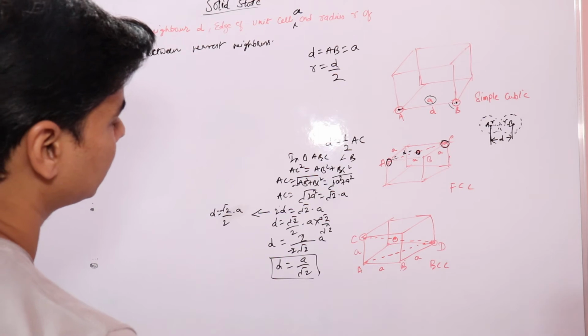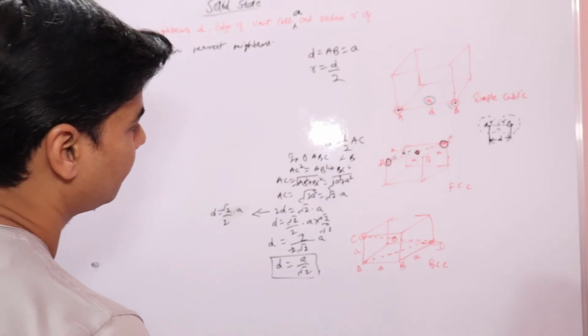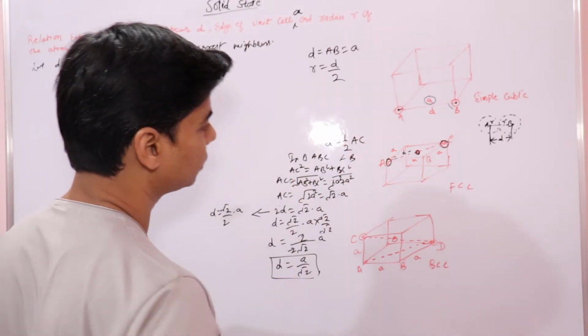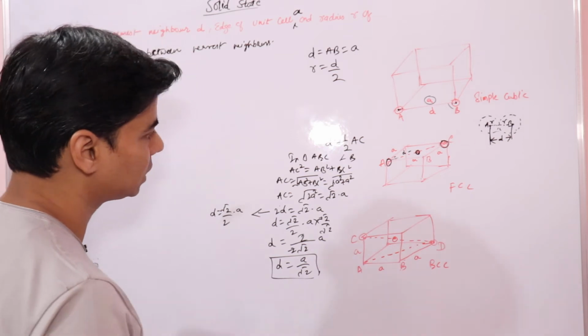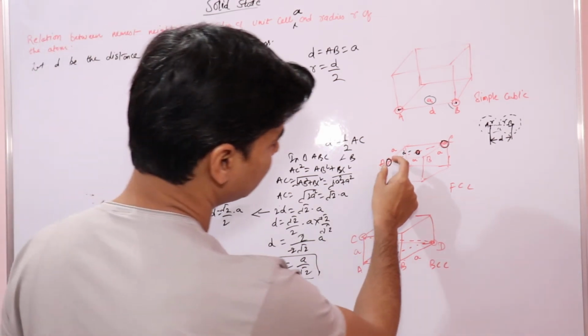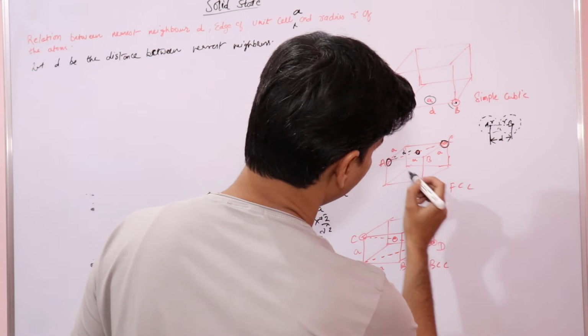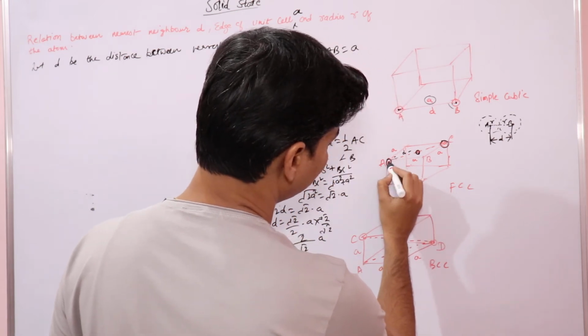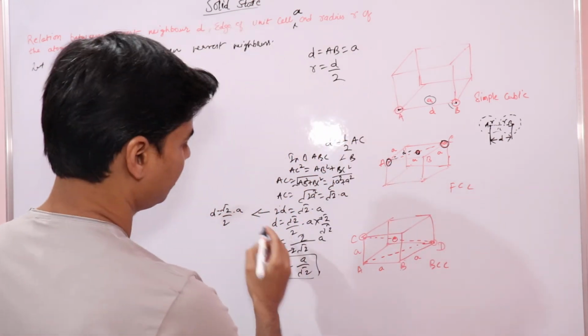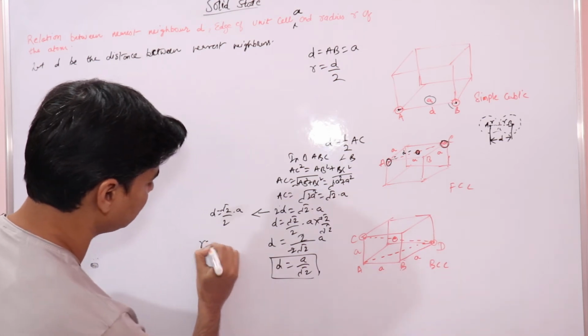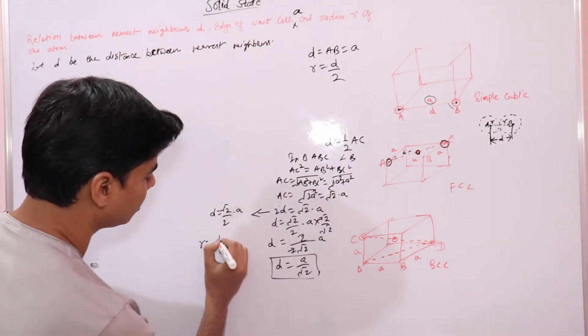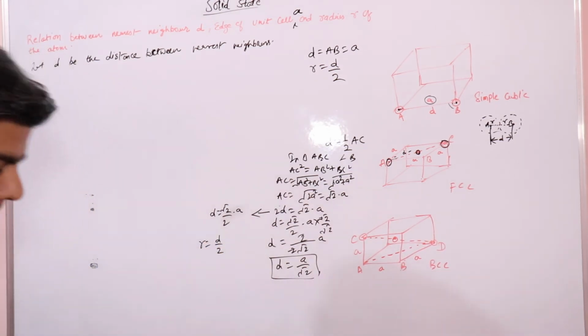Now we have to find the radius. We know that, if you look at the diagram, R is equal to D by 2, right?